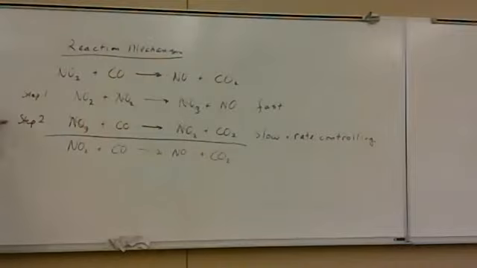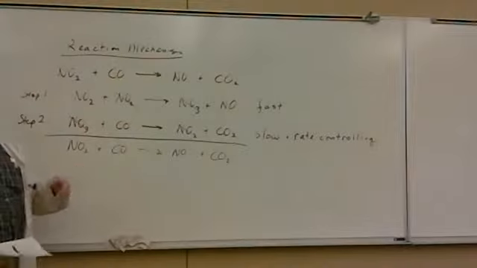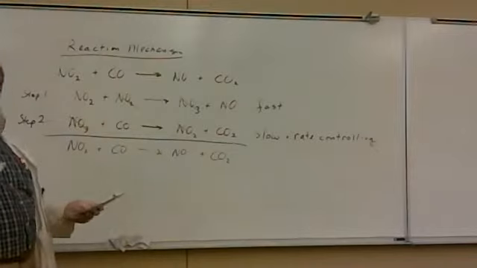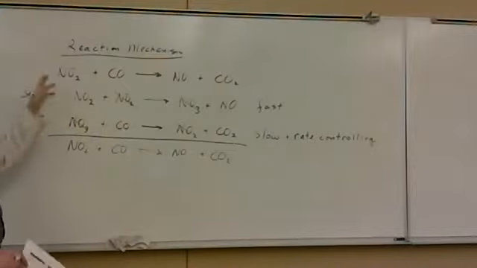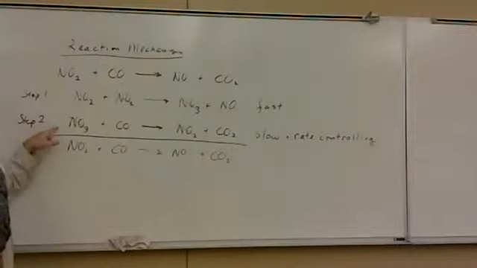If this rate is equal to the experimentally determined rate here, then we know that we possibly have a valid mechanism. If the rate of this one and the rate of that one do not agree, then this probably is not a valid mechanism, because the overall rate is determined by the bottleneck. Okay?